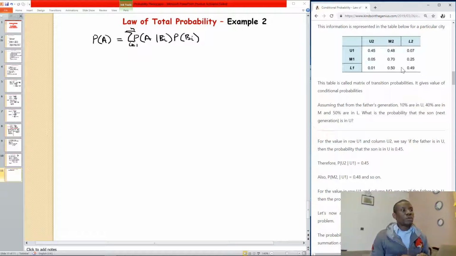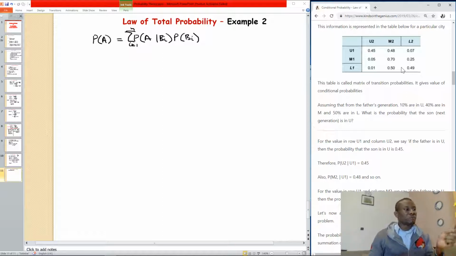Now we want to calculate the probability that the son is in U, given that in the father's generation 10% are in U, 40% are in M, and 50% are in L. So first, let's outline what we want to use.